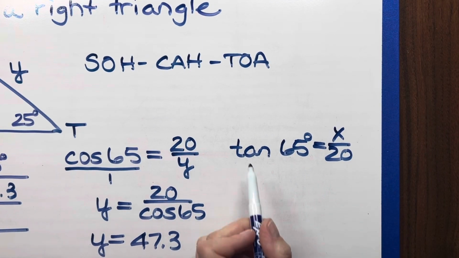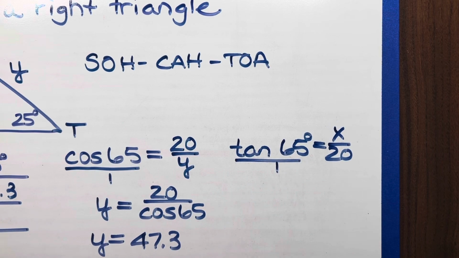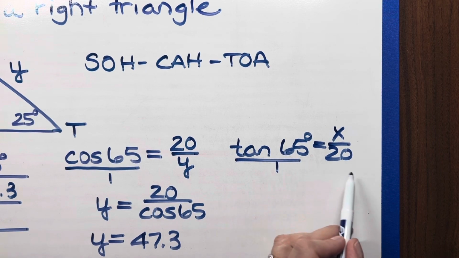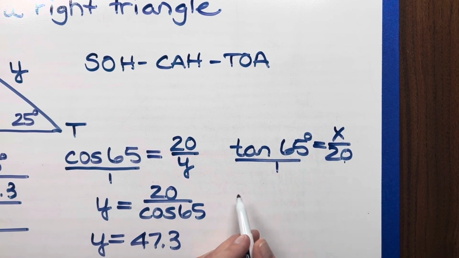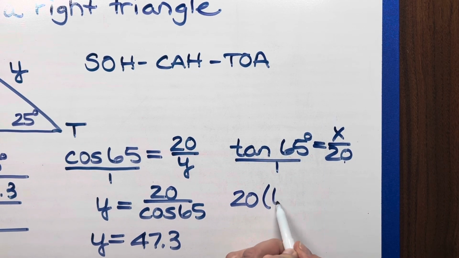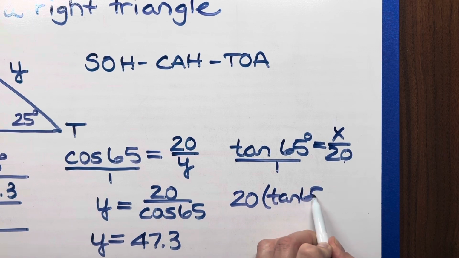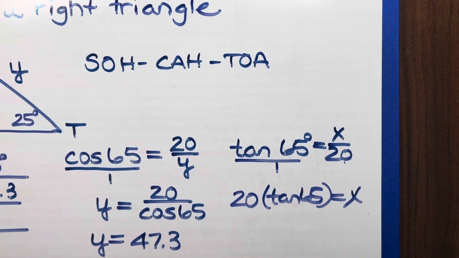I can do the same thing that I did before, and I'm going to switch places and put the 20 here when I cross multiply. So 20 times the tan of 65 is equal to my x. So now I'm just going to multiply through here.